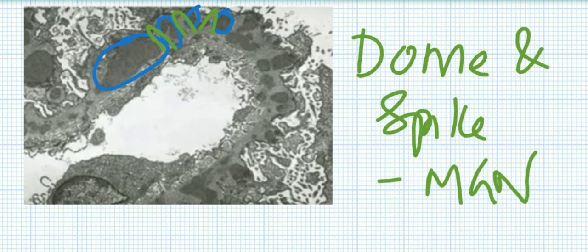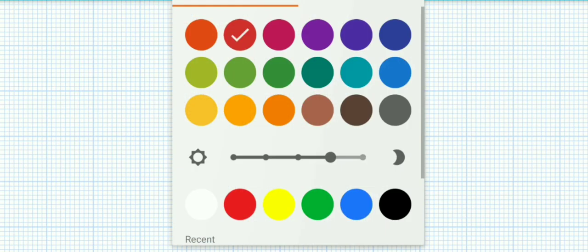So let us see what is actually responsible for causing this kind of appearance. First of all, we know the glomerular capillaries. There will be some endothelial cells.